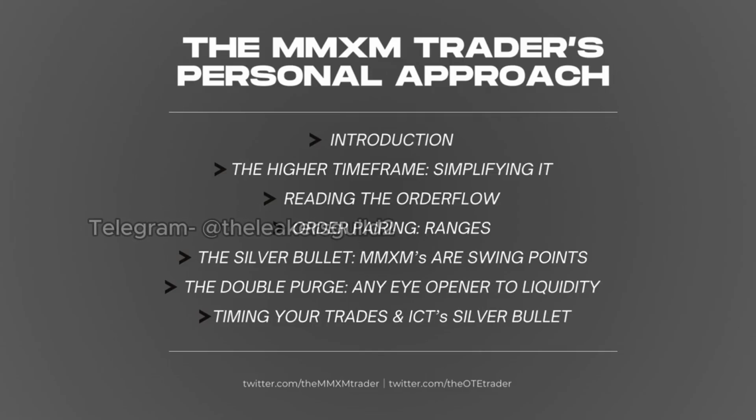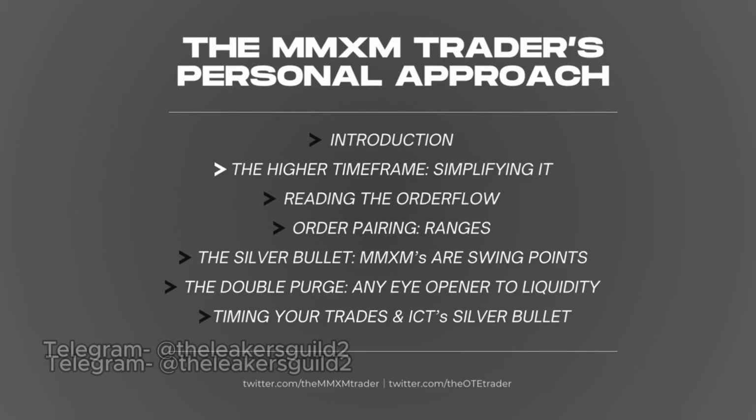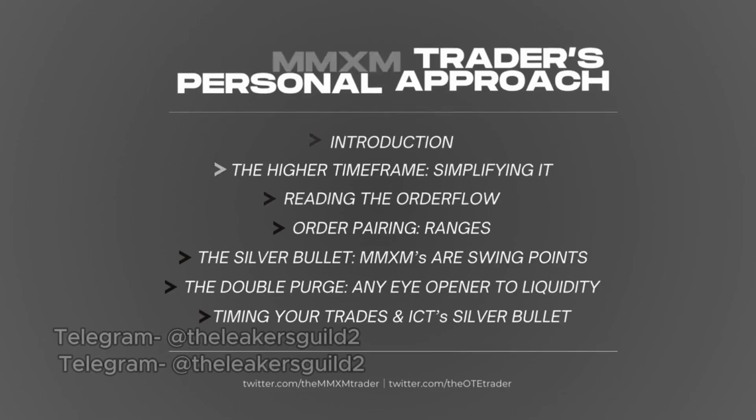The silver bullet, MMXM swing points are going to be key as well. And then the double purge, an eye opener to liquidity. And at the end, we'll be talking about how to time your trades and entries and talk about ICT's silver bullet. So let's start off with the first topic, which is the higher time frame.